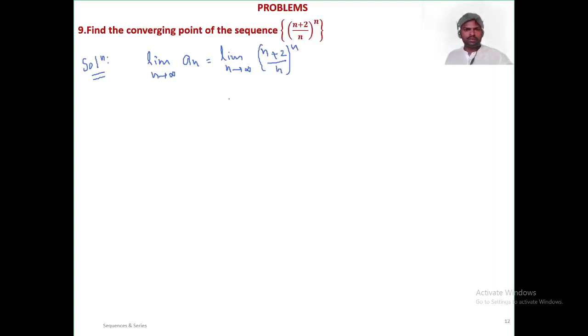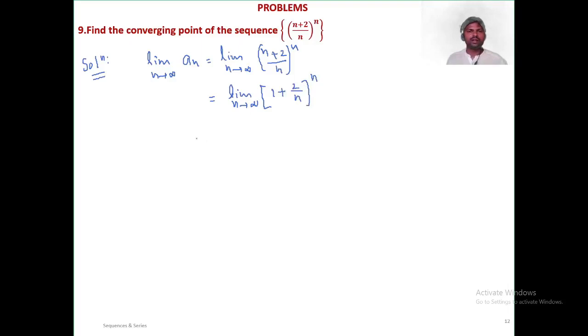Okay, so now this is limit n tends to infinity. Yeah, let us separate this. So n by n, that is 1 plus 2 by n whole raise n.